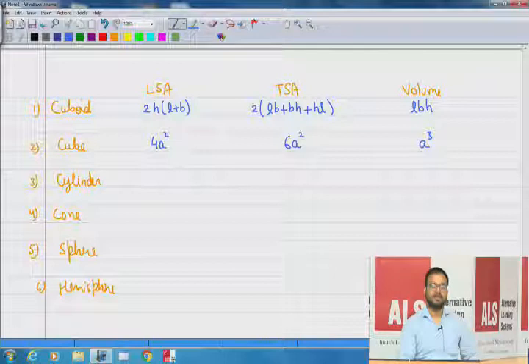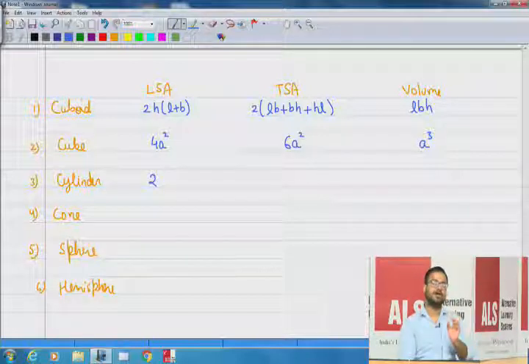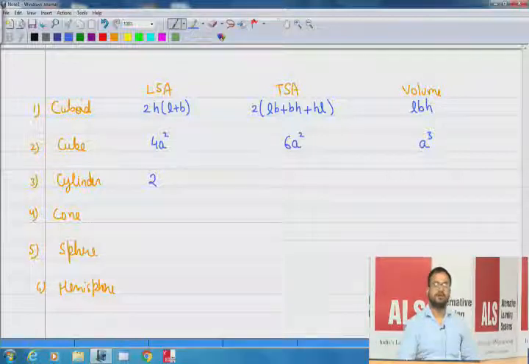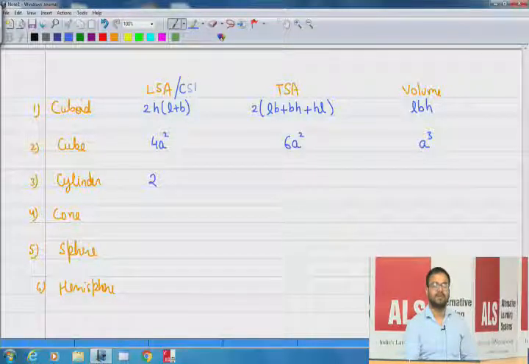For cylinder and for the cone, we will generally not use the term lateral surface area, we will say the curved surface area, CSA. So for cylinder it is 2 pi RH.